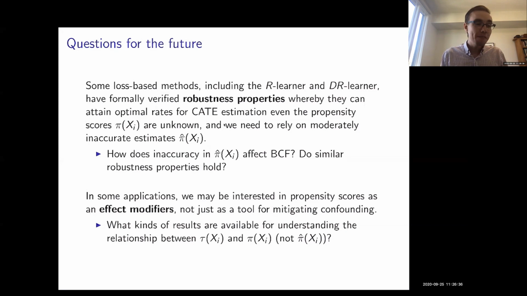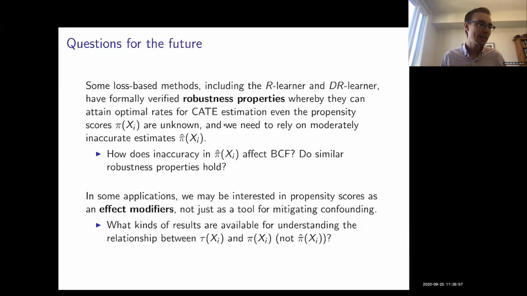So I was wondering how inaccuracy in the estimated propensity scores affects BCF, and whether you have conjectures about similar robustness properties. Is it possible that even if the propensity scores aren't so good, they still accomplish the deconfounding task?